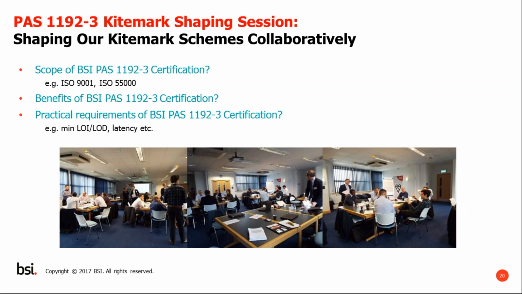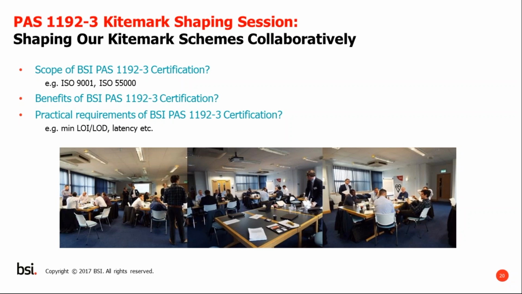I'll put an example here, LOI/LODs. That's level of information, the amount of non-graphical information, and LOD, level of detail. Any latency issues we have, so if there's an update latency between the asset information model and the physical asset, how should that be controlled?